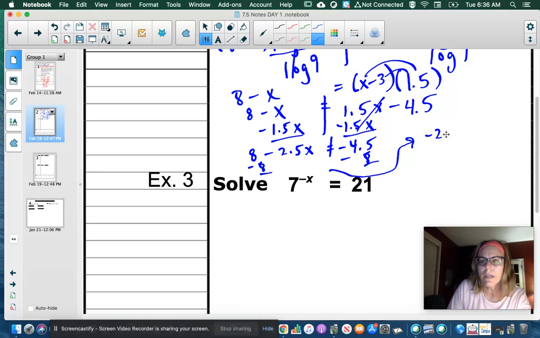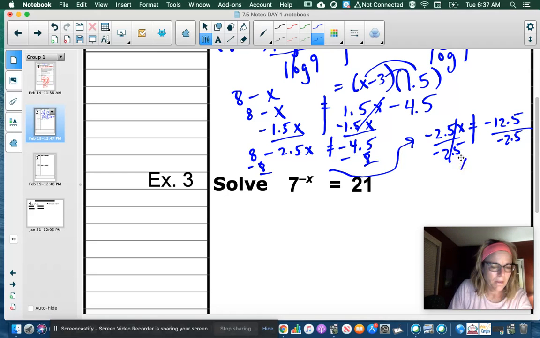So I get negative 2.5x equals negative 4.5 minus 8, which is negative 12.5, divided by negative 2.5 on both sides. X is equal to 5 when we take negative 12.5 divided by negative 2.5.